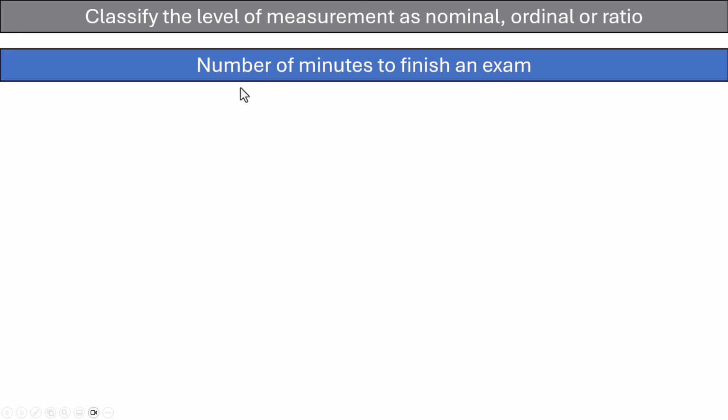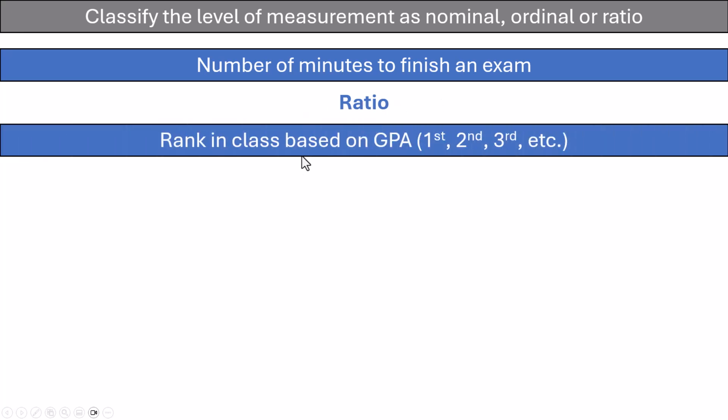So the first one here says the number of minutes to finish an exam. Well, that's going to be quantitative, and we could subtract between different values. We could talk about one person finishing in half the time of another person. So this is going to be ratio data. Let's look at the next one, the rank in the class based on GPA. So like the highest GPA, the second highest, the third highest, etc. And you might be tempted to say here that, okay, it looks like we have numbers, so maybe this is going to be ratio as well.